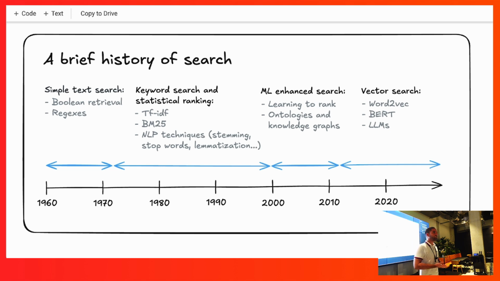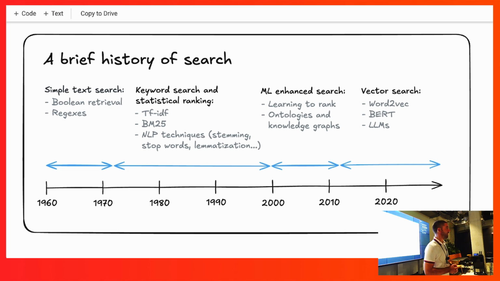Then from the 1970s to the 2000s, we have the development of some more advanced NLP techniques, and the majority of search engines were using keyword search and statistical ranking. On the keyword search side, we have NLP techniques like stop words, where we are removing some of the most common words in language like as, the, and they.